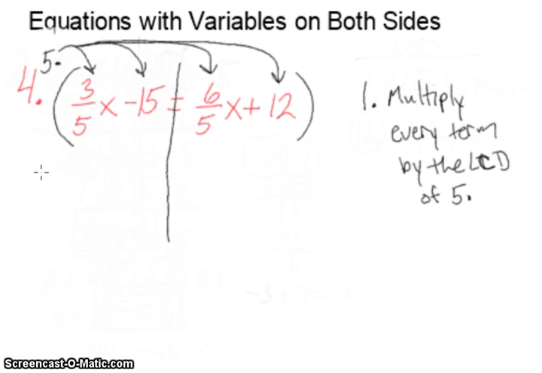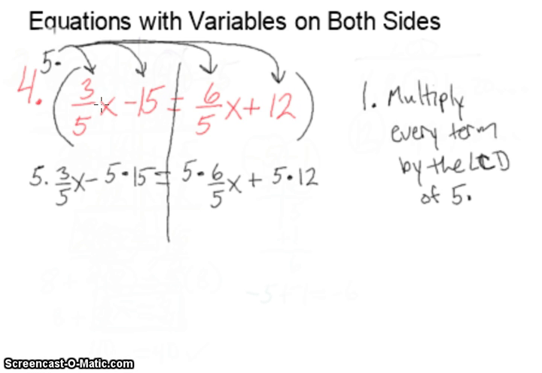So bear with me. 5 times 3/5x minus 5 times 15 equals 5 times 6 over 5x plus 5 times 12. Okay, see, so I multiplied it times every term.